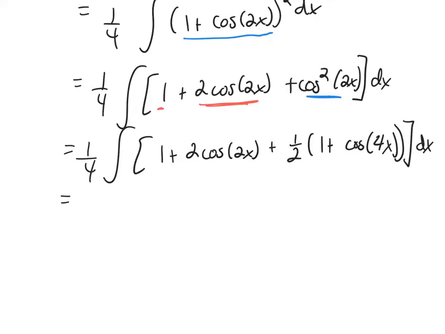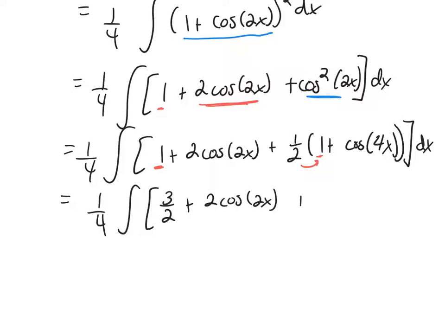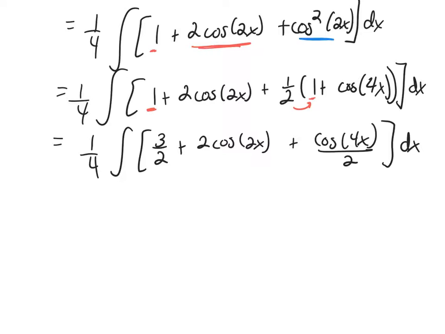So I'm going to simplify this a little bit. Inside of my integral, I'm going to combine this 1, and then this is really 3/2, so it'll be 3/2 plus 2 cosine of 2x plus cosine of 4x over 2. And now I'm finally ready to compute this integral.